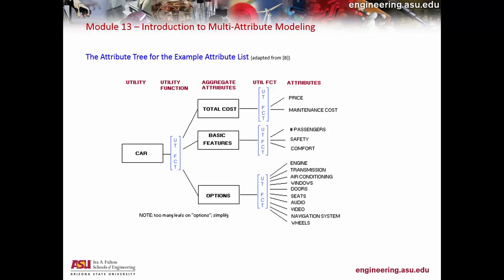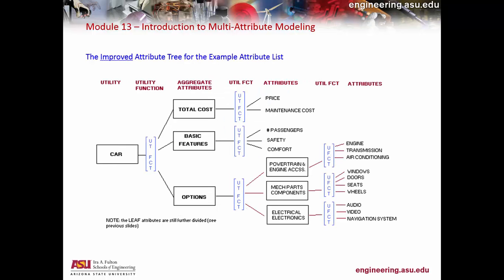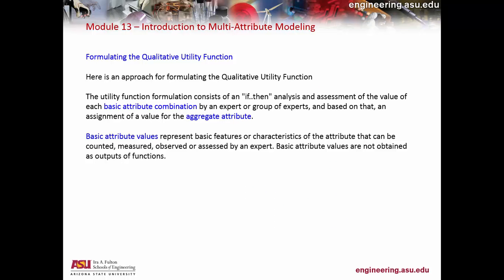And again, for cost, the utility function is price plus maintenance cost. And so as you can see, a lot of these tend to be additive. And again, the tree can just keep going on and on and on, depending on how precise and how accurate I want to be. And so in the next video, we'll wrap up the rest of this discussion.